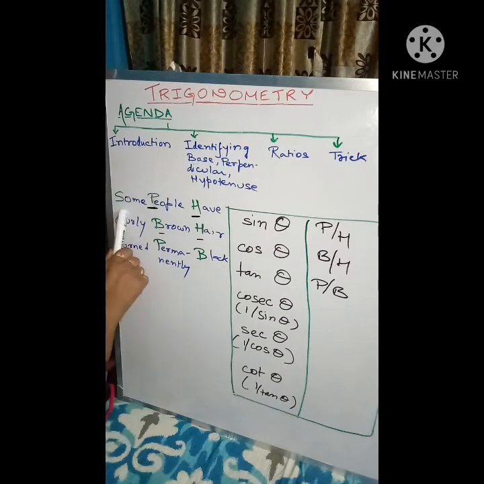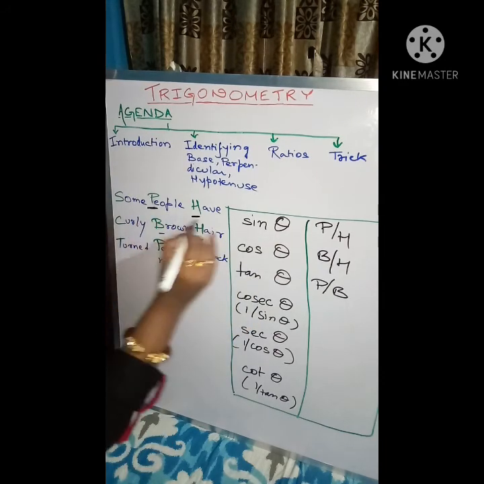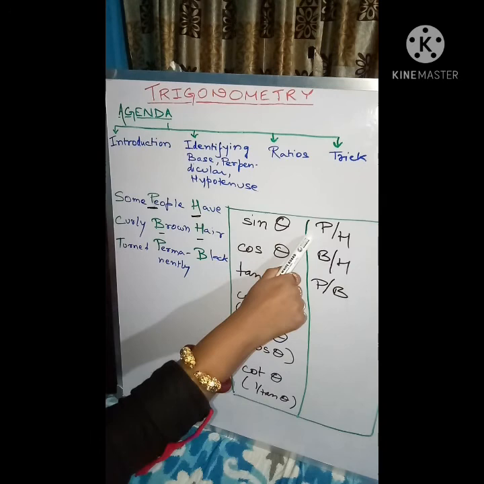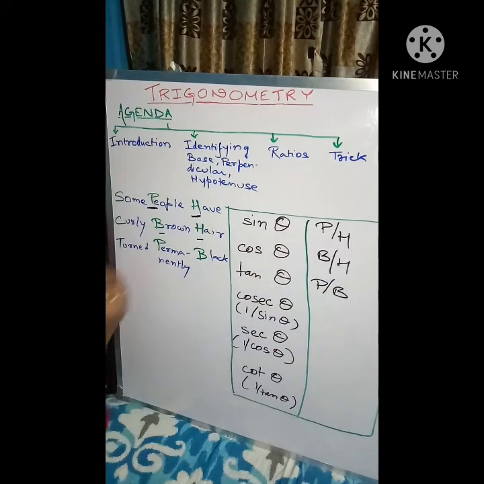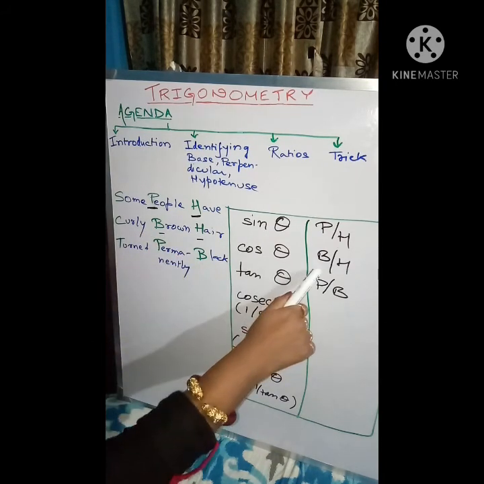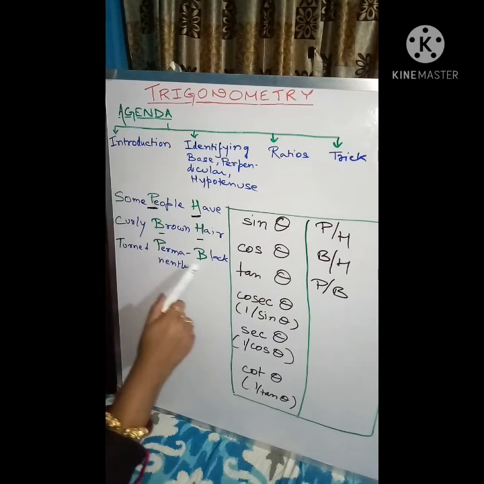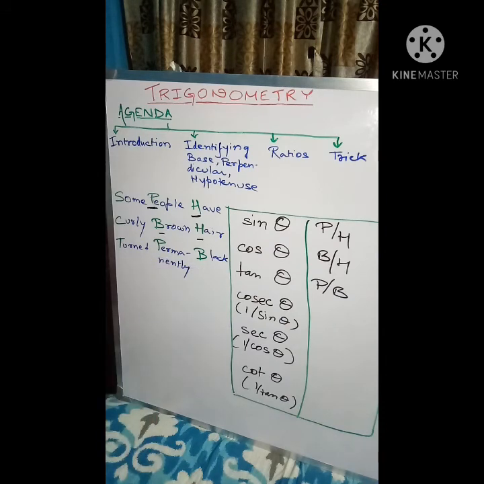Some people have: sin theta will be P by H, that is perpendicular by hypotenuse. Cos theta will be curly brown hair. C for cos. Cos theta will be B by H, that is your base by hypotenuse. And your tan theta will be permanently black, that is P for perpendicular and B for base.